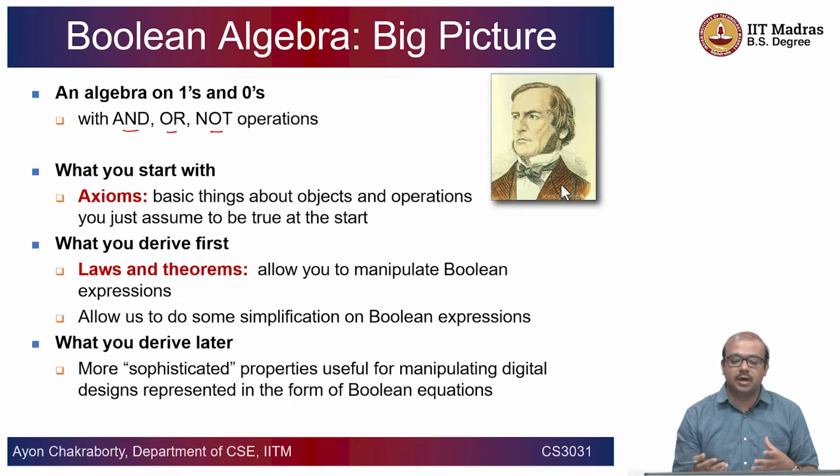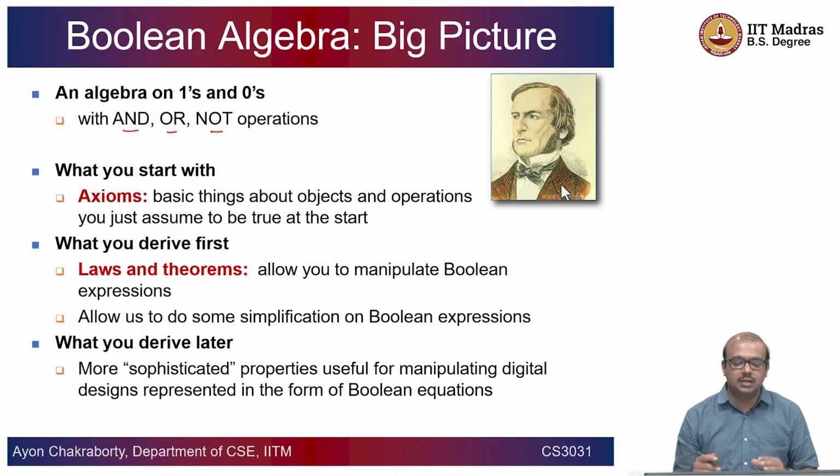So you might require that the expression be simplified, because a complicated expression might lead to a complicated circuit, and a complicated circuit could require more components and more gates, and the energy consumed by the circuit could be more. There are many such reasons, right?